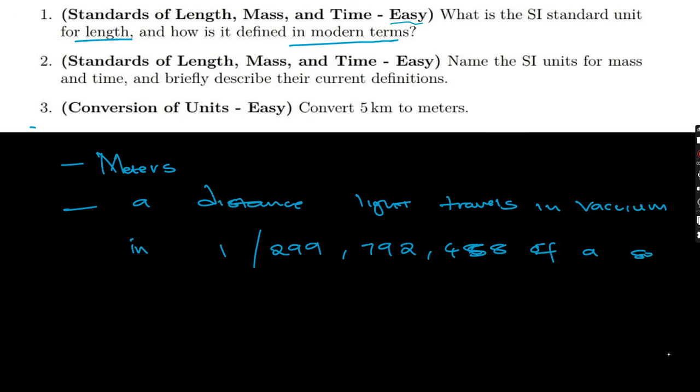So this is how we define meters in modern terms.